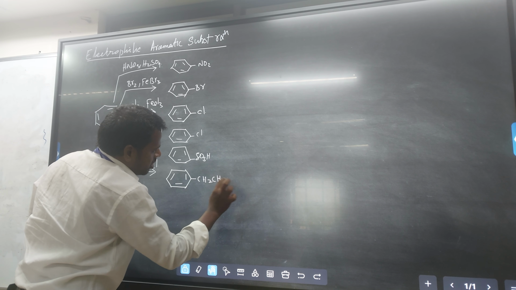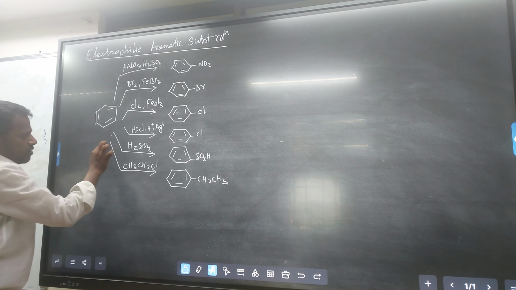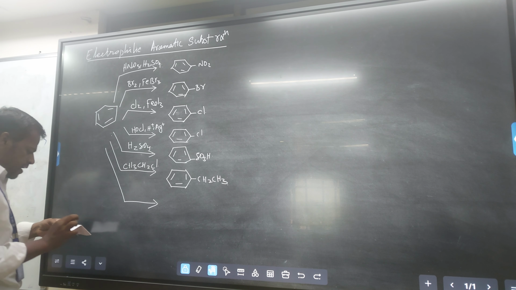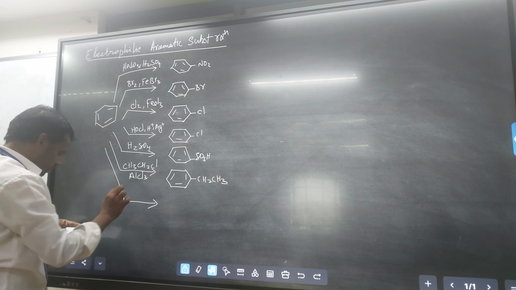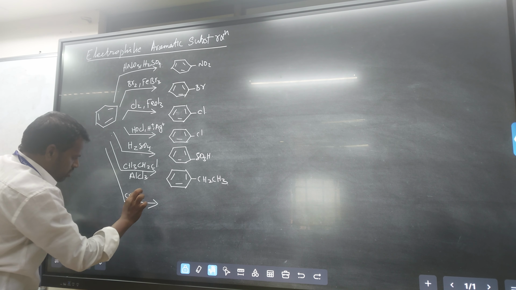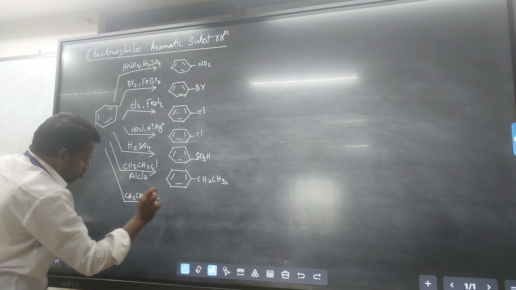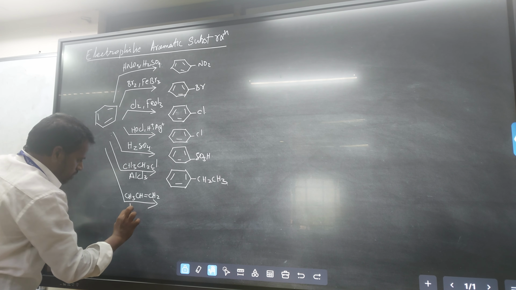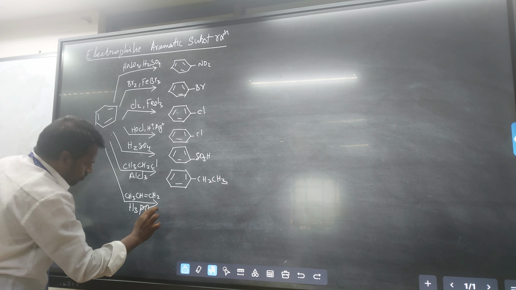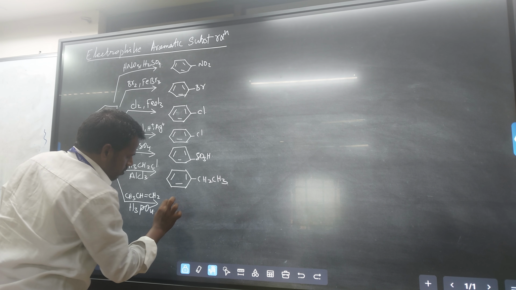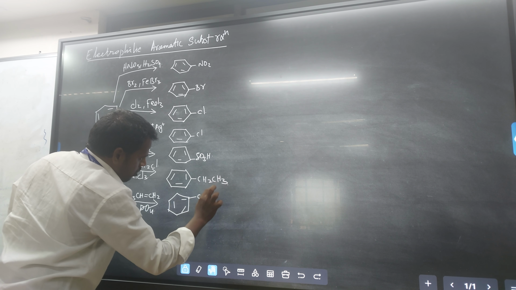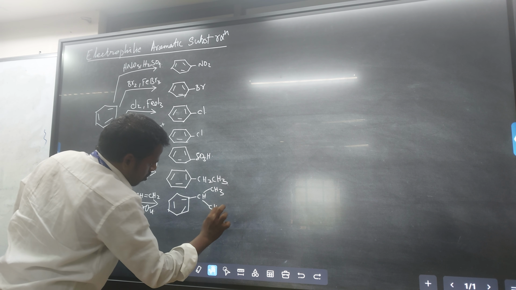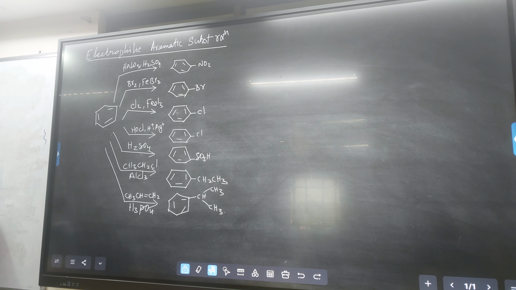Similarly, you can add many reagents. CH3CH=CH2, in presence of H3PO4, gives 1-methylethyl benzene.